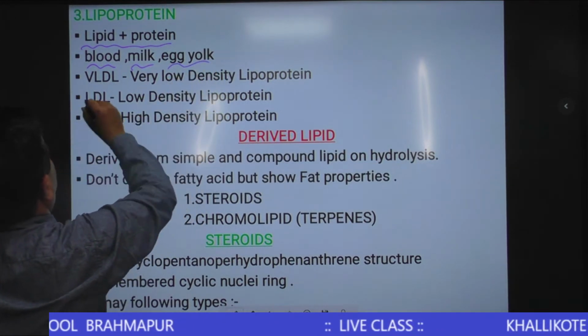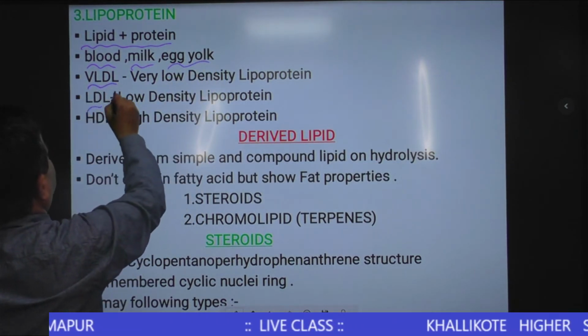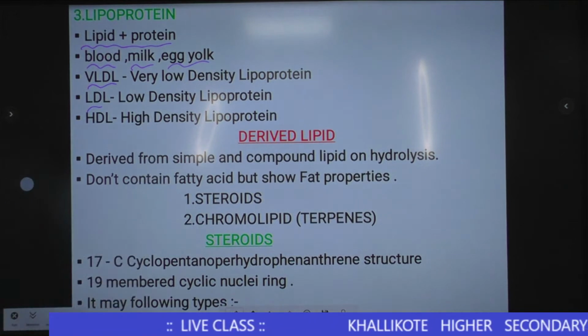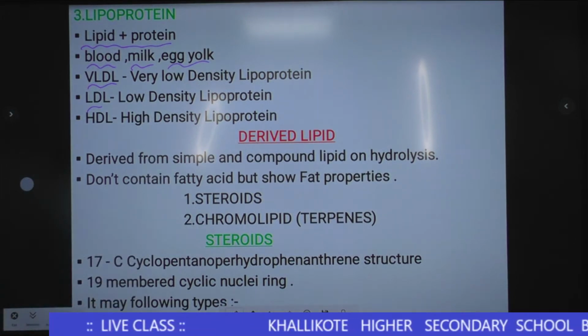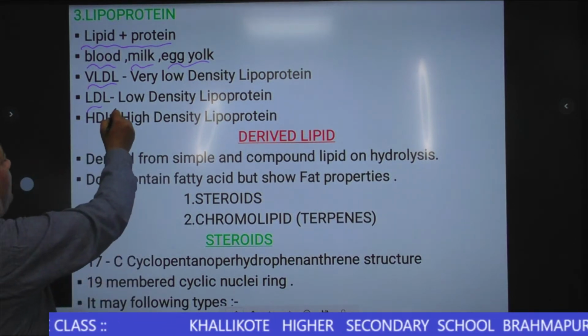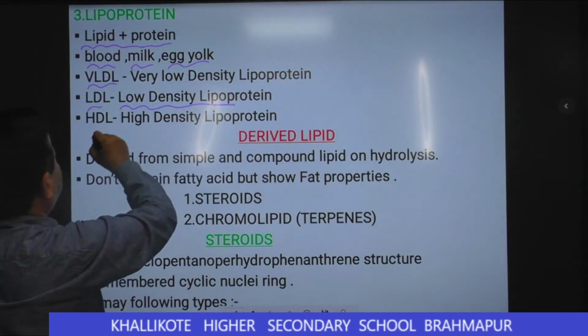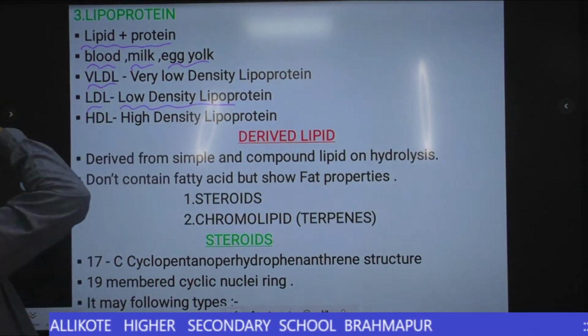There are VLDL, LDL, and HDL. VLDL means very low density lipoprotein, LDL is low density lipoprotein, and HDL is high density lipoprotein.